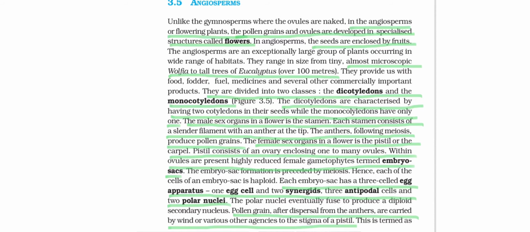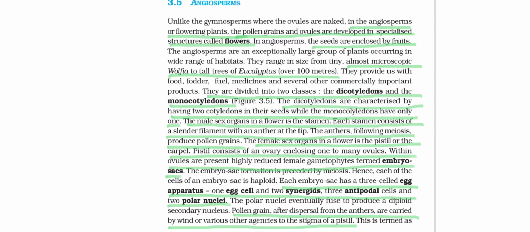So great variation is seen in size, form, color, shape of leaves, their structures, and their habitat. If we see the economic importance, they can provide food, fodder, fuel, medicine, and many more commercially important products.